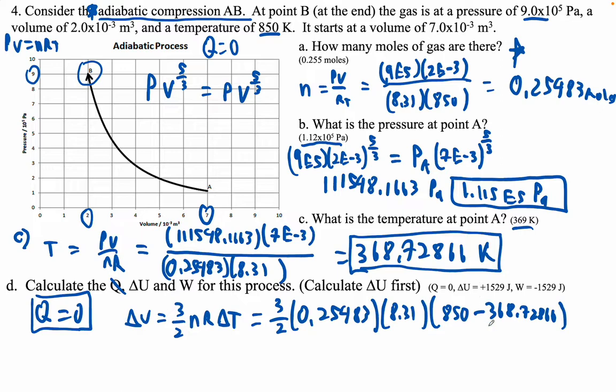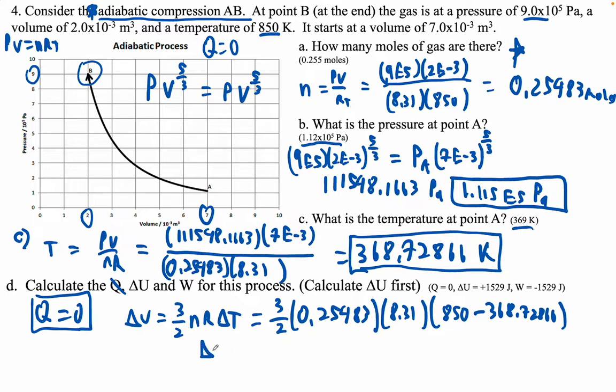I'm just going to use numbers on my calculator, right? So 3 divided by 2 times the number of moles times 8.31 times final minus initial. So it's 850 minus the answer I just got. And I get that it's 1528.7.